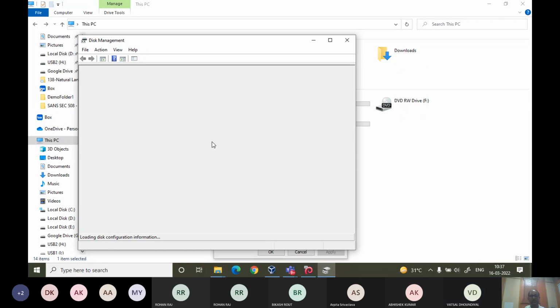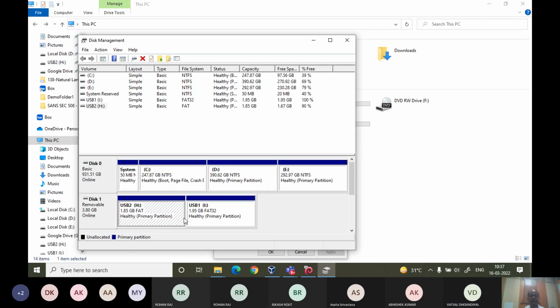This is just for demonstration, nothing very specific. So you can see here, from here I have partitioned, I have divided them into two components. So this one, removable media, I have partitioned into two ones. So both are primary partition, not extended partition.